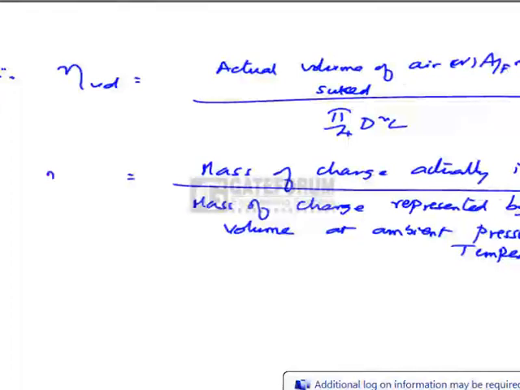Either way, it could be given either on the mass basis or on the volume basis. Usually the volumetric efficiency given on the mass basis is what we will follow in future problems.